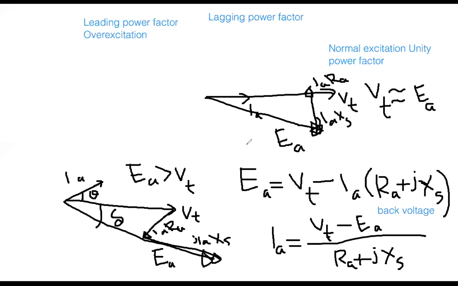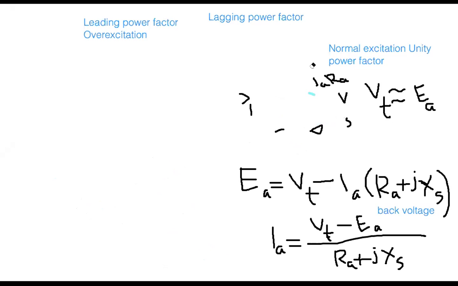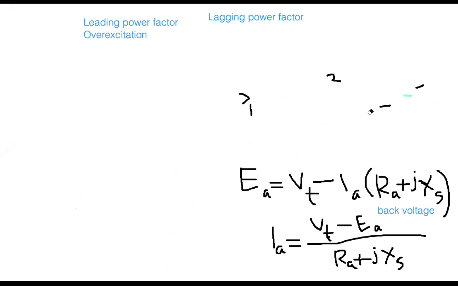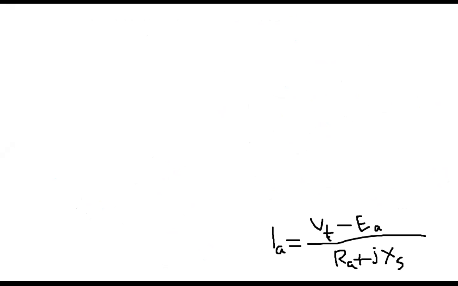Okay, so again, I will be eliminating these things, but I will keep only the IA equation. Then you will understand. This is my IA equation. And as I said, EA is a function of flux phi, and of course of omega.